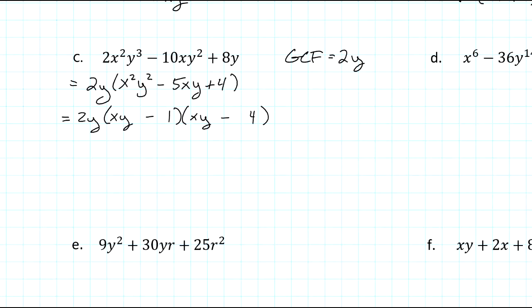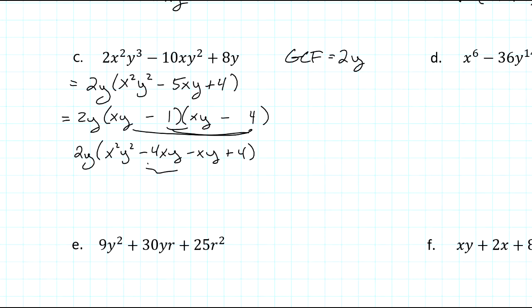Let's see, if I FOIL this out, just to check, I'd have 2y, which I'm going to leave alone for a second, and I get x squared y squared, and then a minus 4xy, and then a minus xy, and then a plus 4, and then these do add to that minus 5xy there. So that does work.